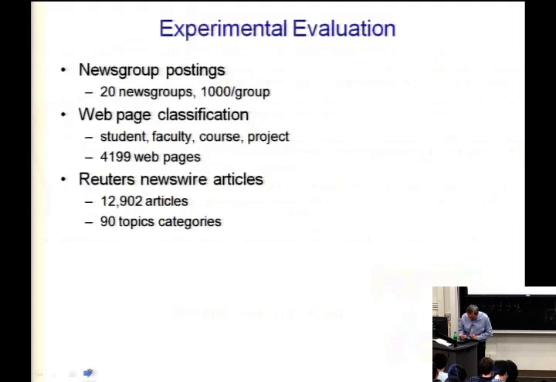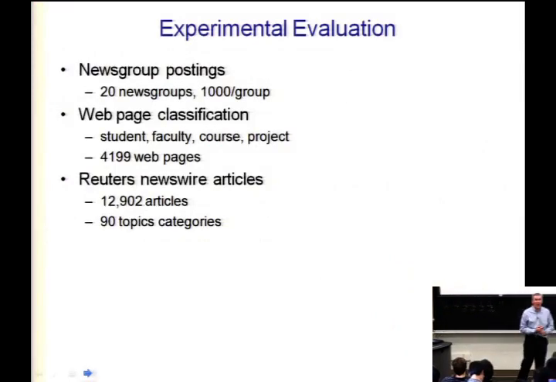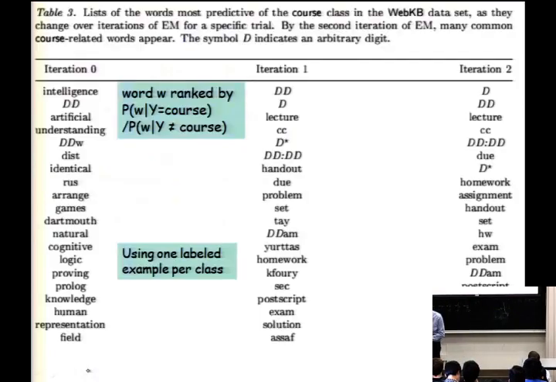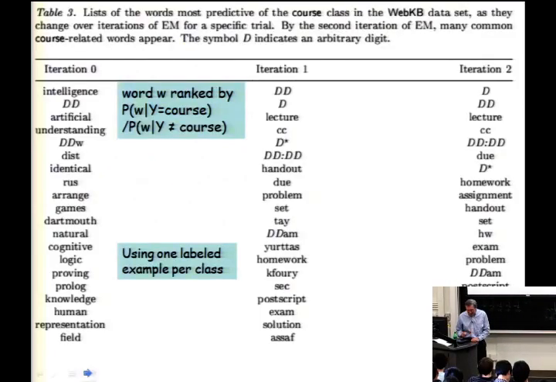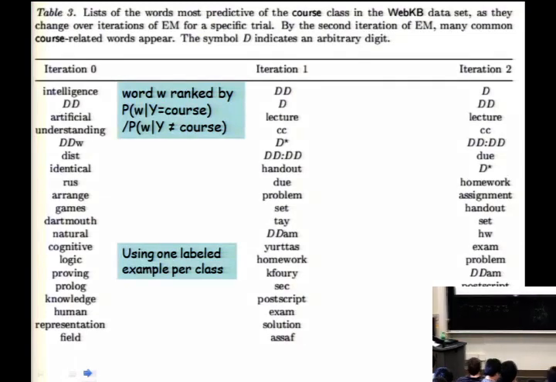Okay, so he applied this to several document collections that you know. And what did he find? One of the document collections was the WebKB data set.